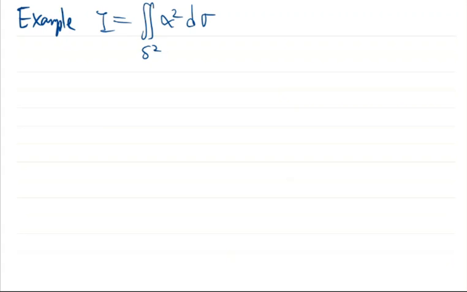Now we consider another example of computing a surface integral. The integral is this, that is, our f(x, y, z) is x squared. Okay. How to compute this?